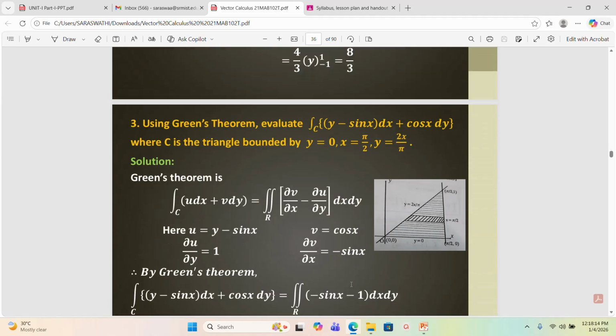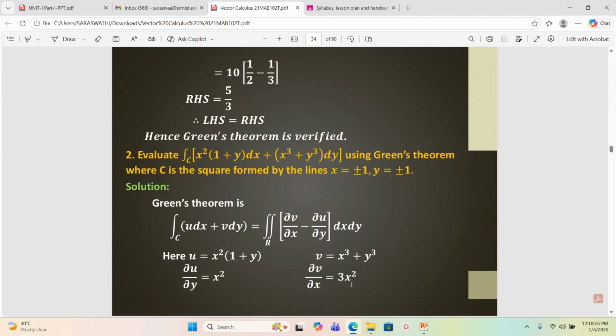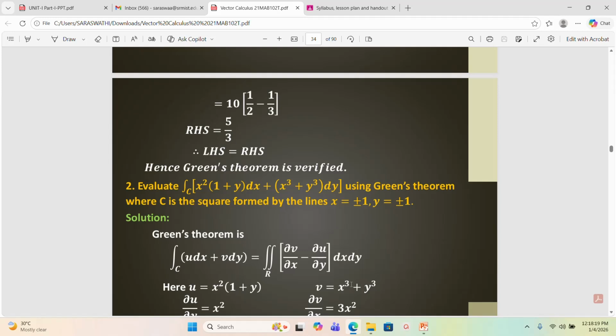Now we got the right hand side. In this question, this is not a verification, only for the evaluation of the Green's theorem. But for the evaluation of the Green's theorem, we have the right hand side answer is 8 by 3. So whatever the answer, the same thing will be coming, 8 by 3, for LHS also, which means the line integral also 8 by 3.